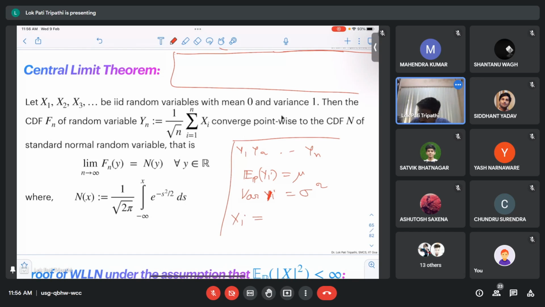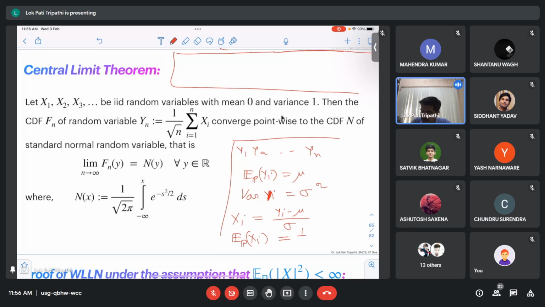Define X_i as Y_i minus mu divided by sigma. What will be the expectation of X_i?